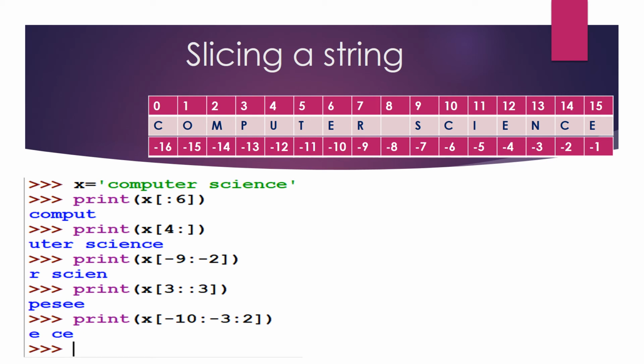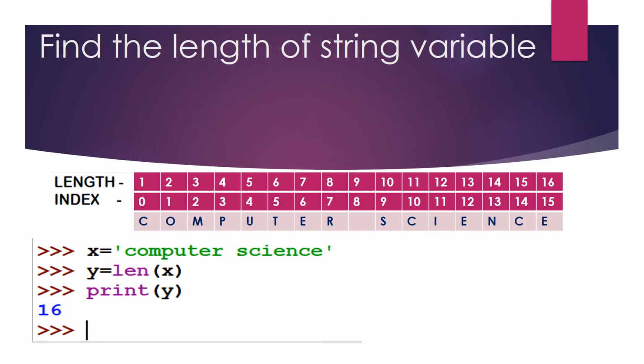Now we will see how to find the length of a string variable. So here I have taken the same string computer science including this space. Now if you want to take out the length of this string, you have to use the length function. Here we have stored the length of this string in y variable, and then we have printed y, so the output is 16.